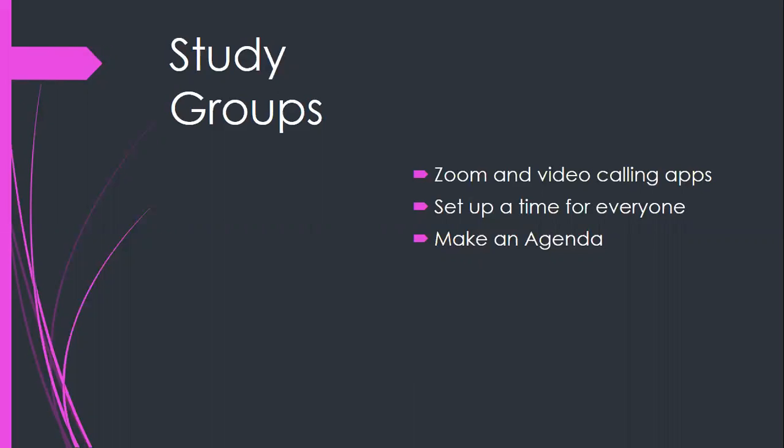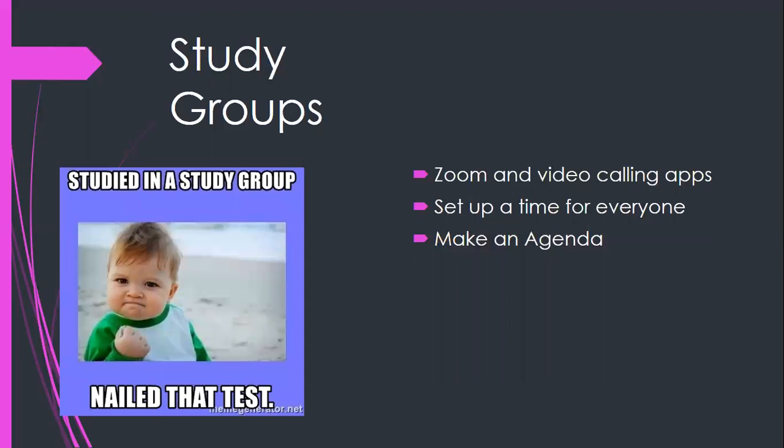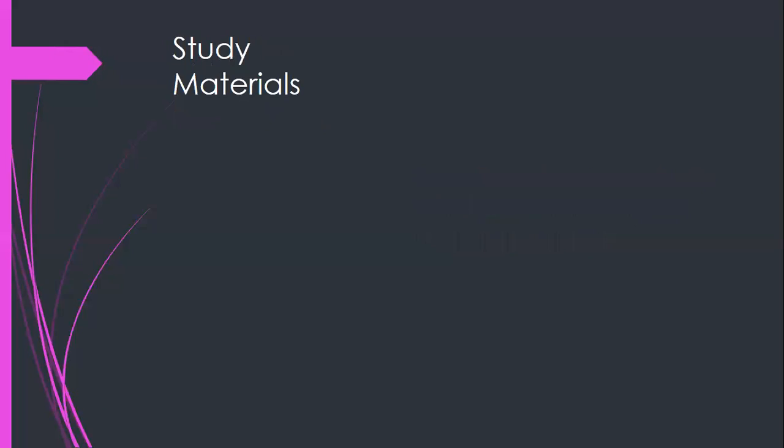That's also why you want to make an agenda, so that you don't get off topic and go too far off into not knowing what you're doing during that time. And as usual, once you study in a study group, a lot of times you can all feel confident and succeed in your class.